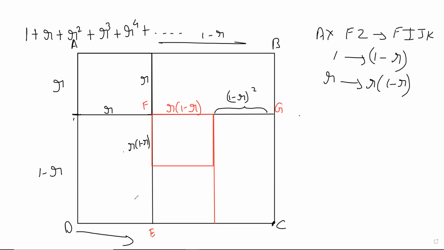So this will also be 1 minus r square, and this again will become r square, and this time it will be 1 minus r square. Then if we are trying to show that this is bounded, you don't need to. It's obviously bounded, right?